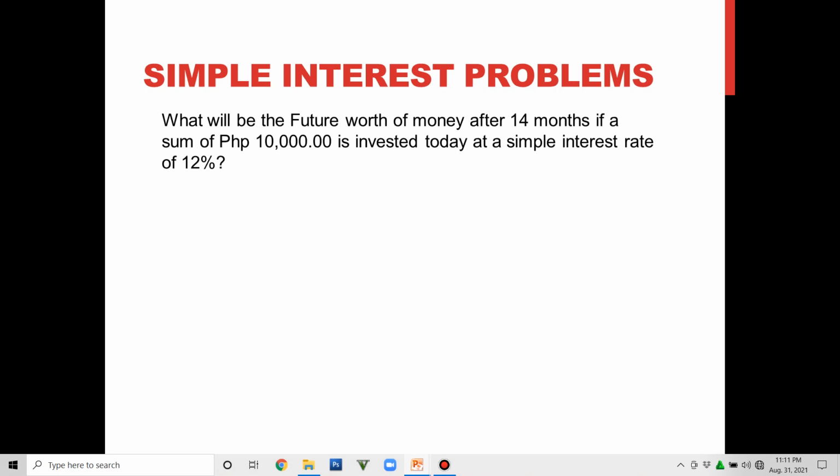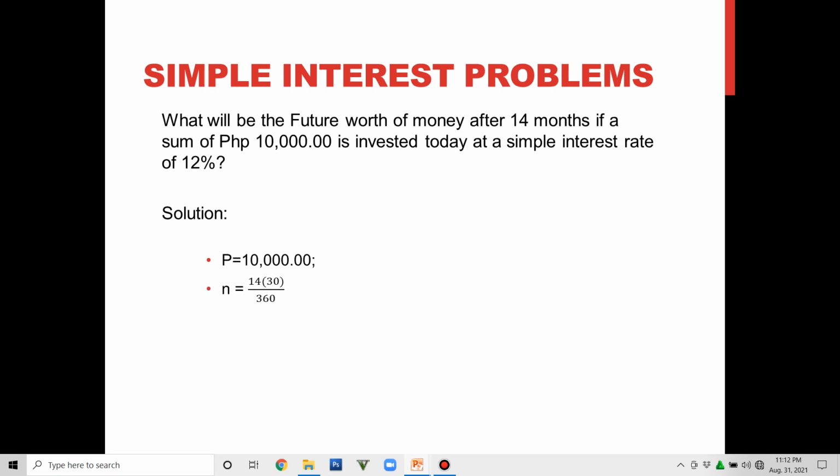In here, it is obvious that 10,000 is the present worth kasi invested today. And due to the fact that the future worth is unknown, those were our basis in determining the future and the present worth. Unknown here is actually the future worth. So the present worth is 10,000.